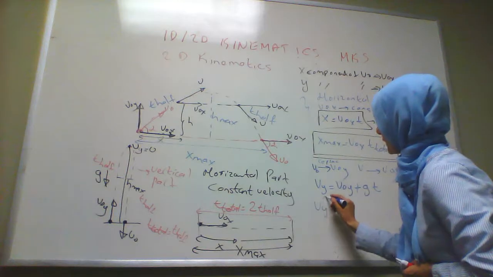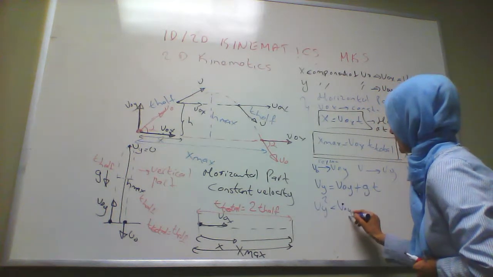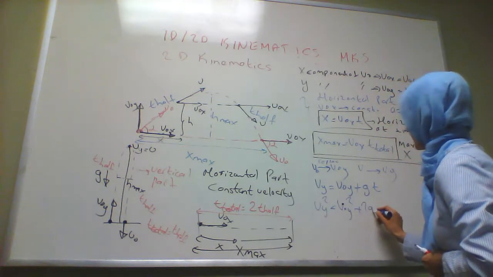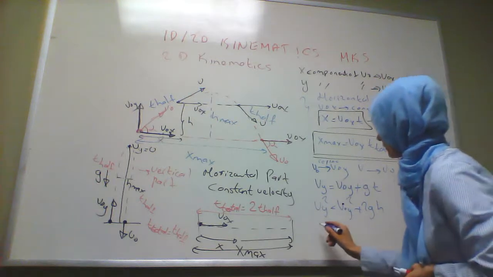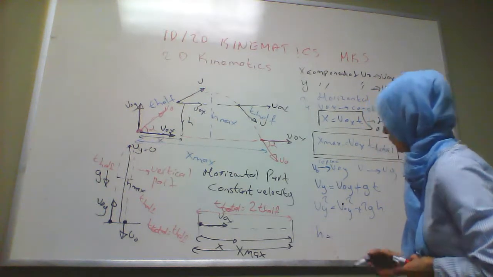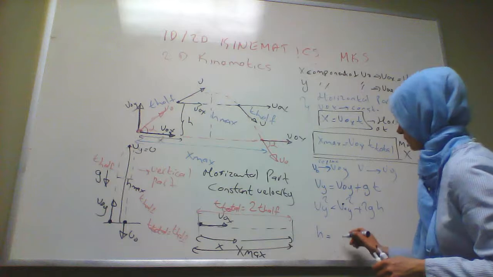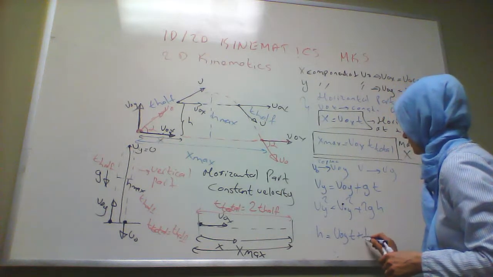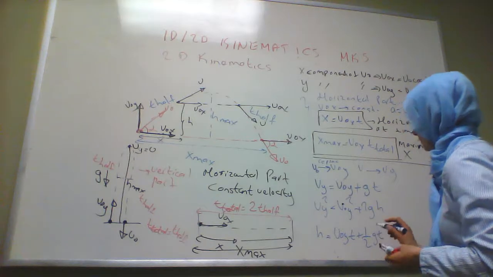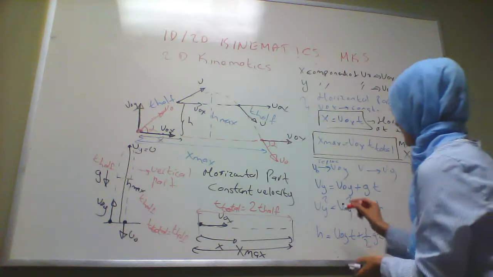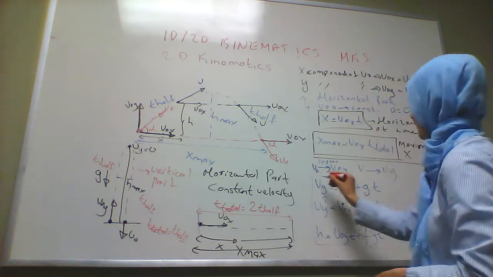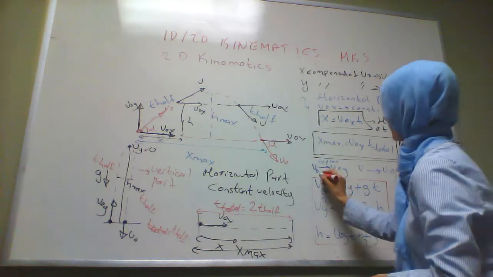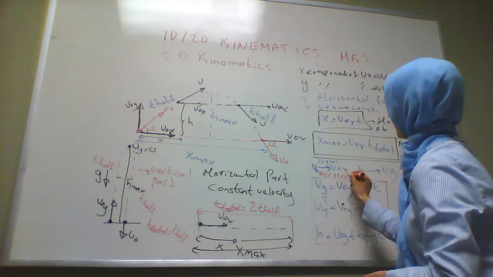And we will have vy squared at any point will be v0y squared plus 2gh. And height at any point of time will be v0y times time plus 1 over 2 gt squared. Now this is again for the accelerating part of motion.